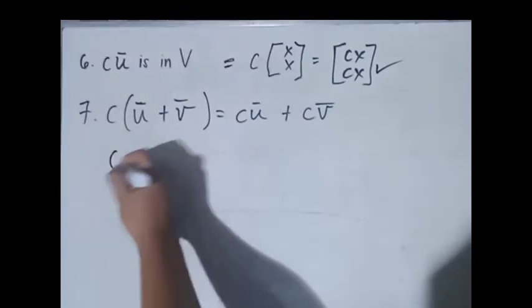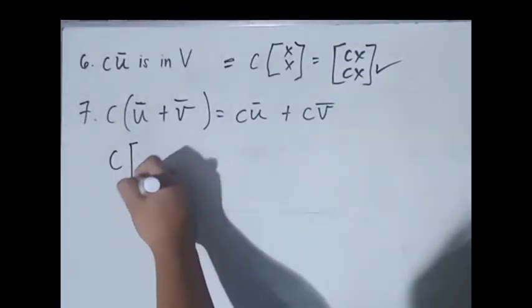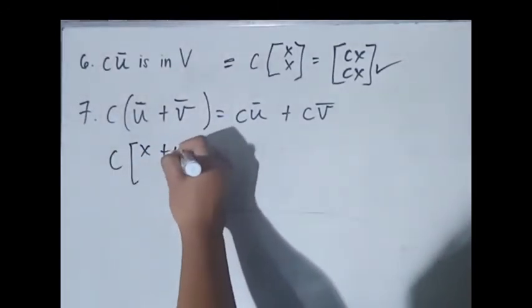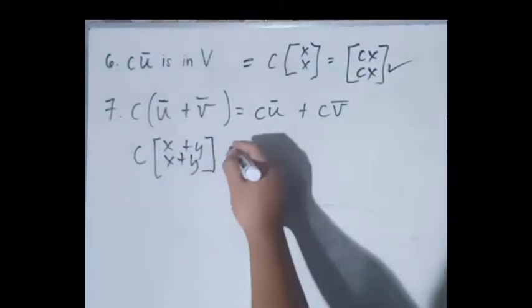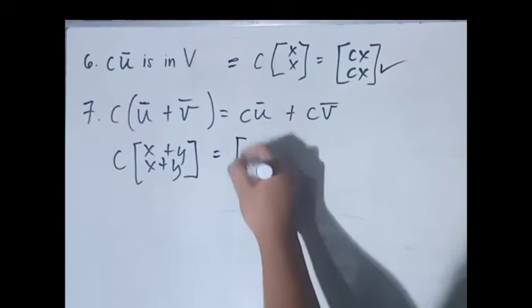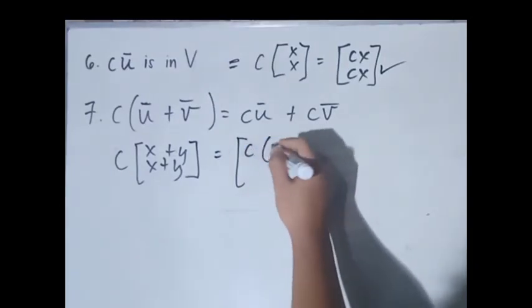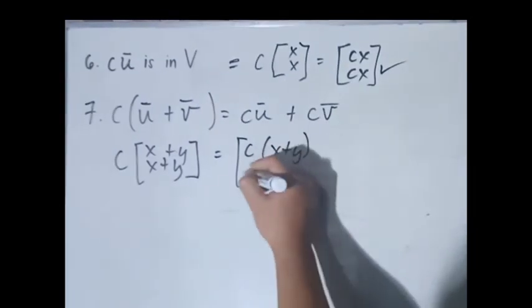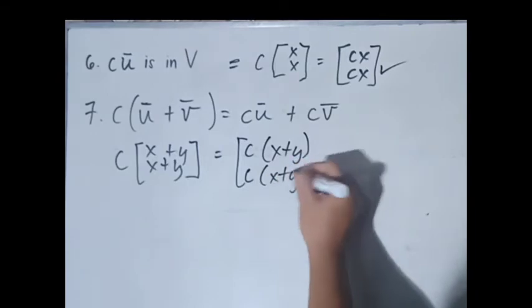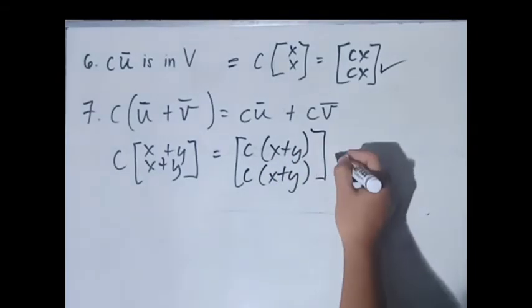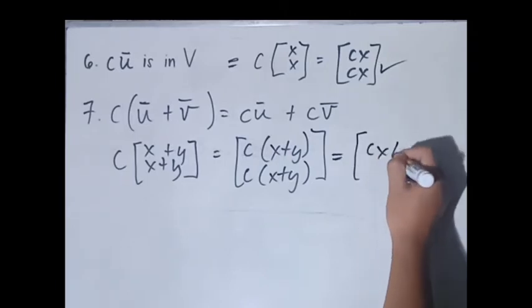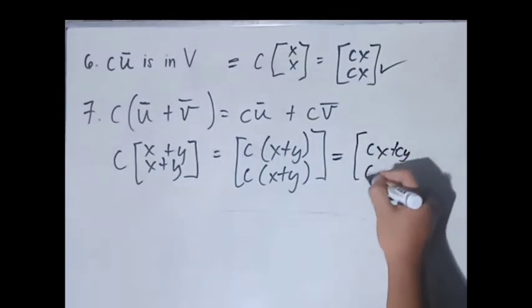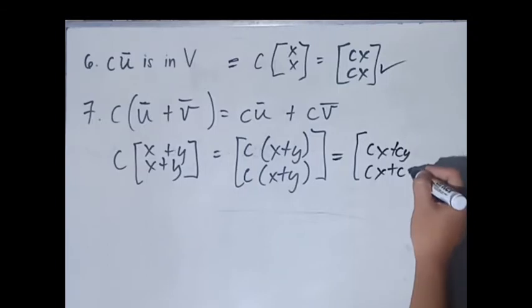So that is c multiplied by (x plus y, x plus y), and that is equal to (c times x plus y, c times x plus y), which is also equal to (cx plus cy, cx plus cy).